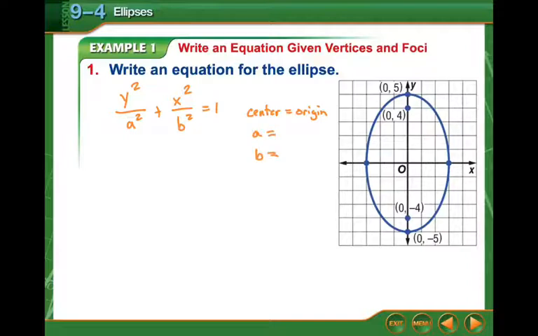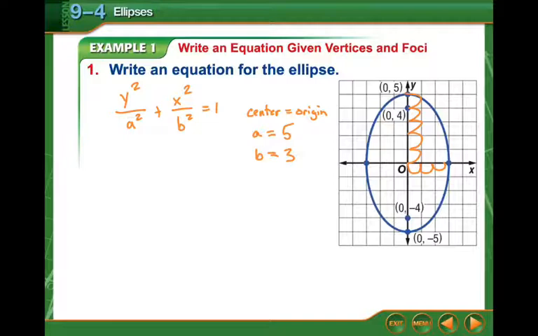So again, a is the longer of the two radii. So that's going to be the vertical one going up and down. So it's up 1, 2, 3, 4, 5. We can see the point is given to us as well. It's at (0, 5). So a is 5. And b is going the other way, left and right. So it's over 1, 2, 3. So b is 3. So now we just need to fill those in and then square them, and then we have our answer.